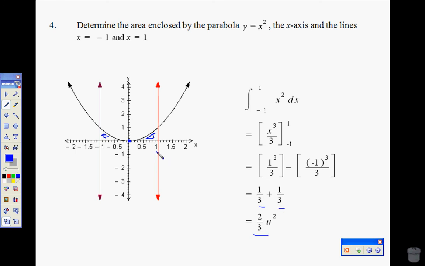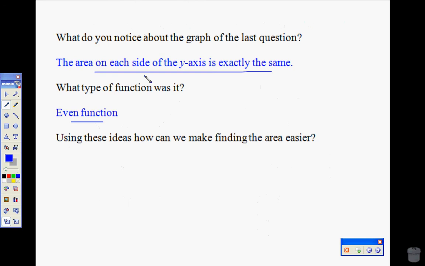So if we start to look here though, we might start to notice that there is a little bit of symmetry happening. So we can start to use a couple little tricks to try and do this. Hopefully you notice that the area on either side of the y-axis was exactly the same. That's because we have an even function.